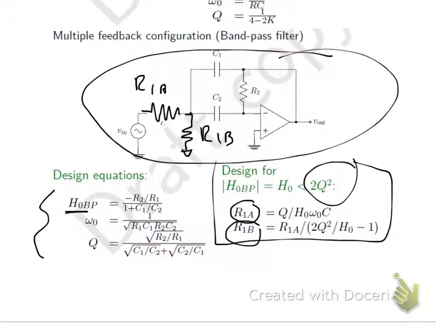So that is these two values here, and by using this voltage division here at your input, you can decrease the gain of your circuit.